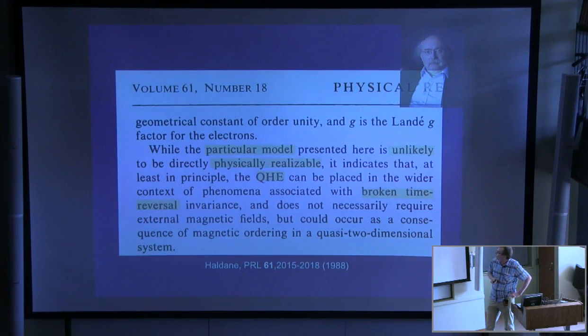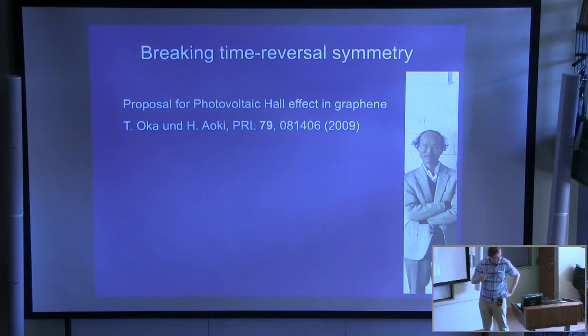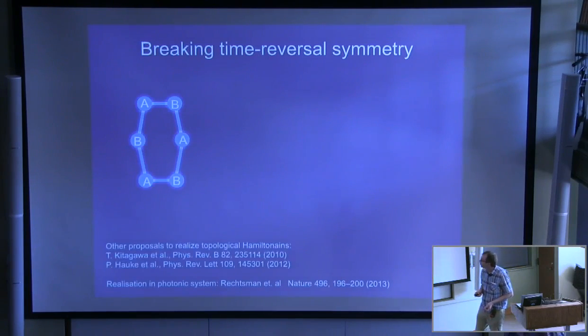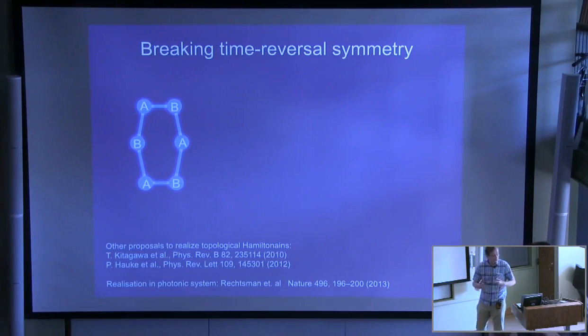We of course thank him for this nice comment, putting up the challenge, and in 2009 there was the proposal by Oka and Aoki, and they made a proposal for a photovoltaic Hall effect in graphene, and the idea was that you take graphene, and then by shining in circularly polarized light, you would rotate the structure and thereby break time reversal symmetry, and then you could switch on and off a Hall effect.